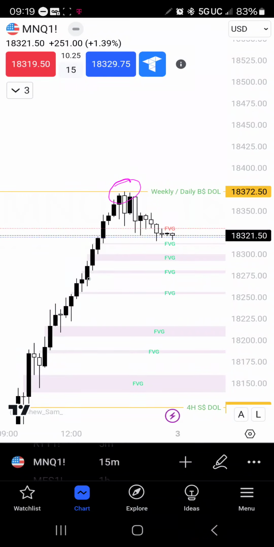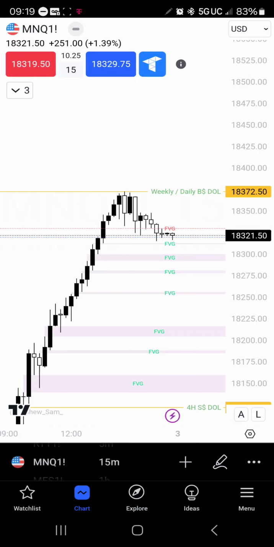All right, so when we look, we see that this low created this high. So for me, my change of character would be once the 15-minute candle has been closed below.